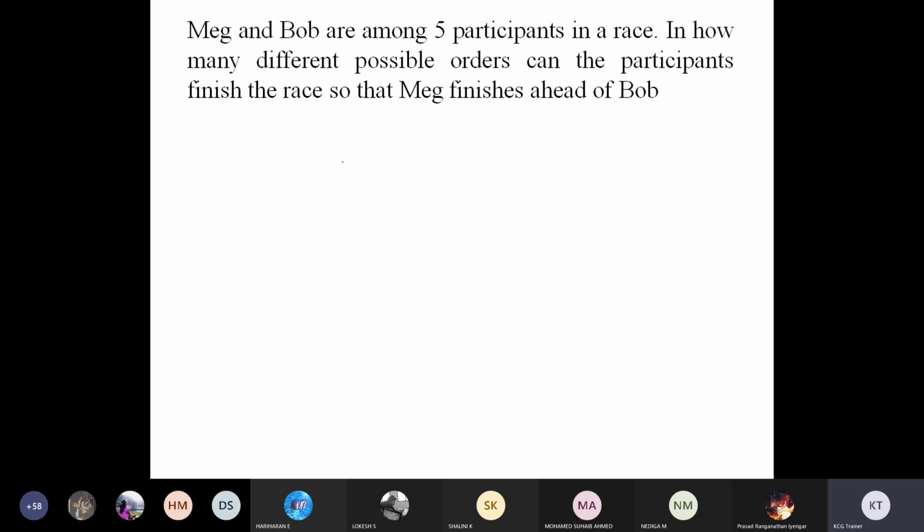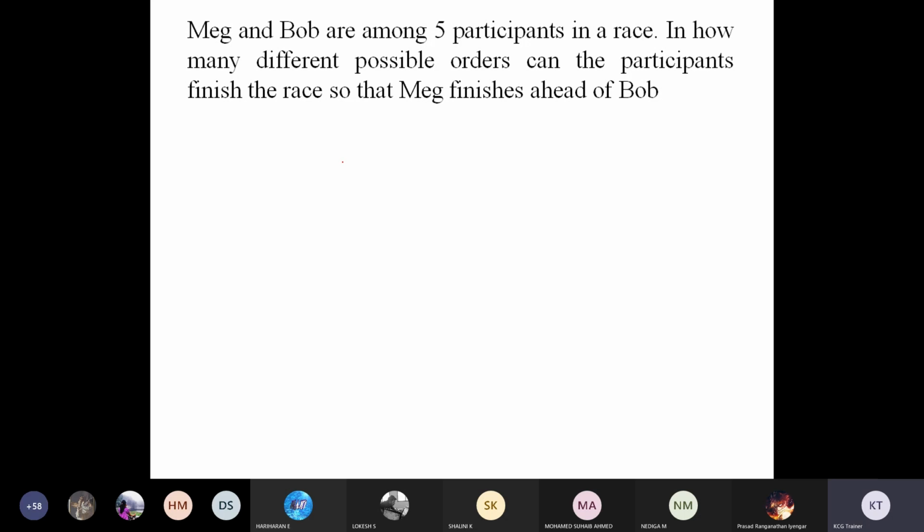One more different type of application in PNC. Meg and Bob are among 5 participants in a race. So there are 5 people in a race, out of which 2 people are Meg and Bob. In how many different possible orders?